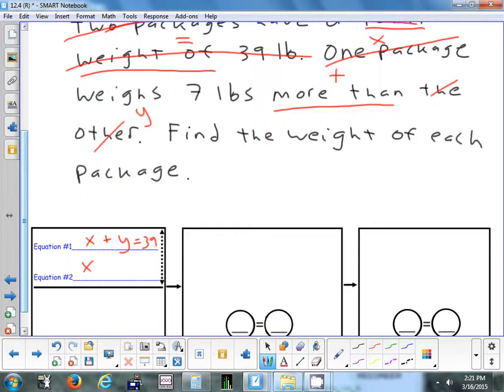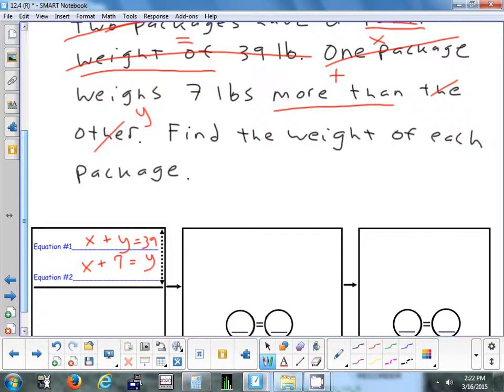7 more than. What's more than mean, Justin? Plus. 7 more than the other. What's going to separate the two? Equals. So that's that.